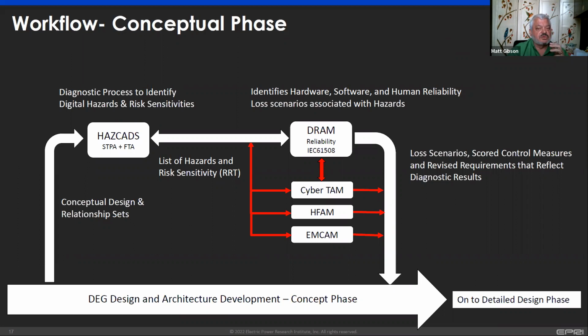And then we produce scored control measures and revised requirements that reflect these diagnostic results. So your design is beginning to converge, with this feedback loop. This is a key element of saying something is performance-based, because we're scoring the control measures and measuring via hazard analysis the quality of the design, or the outcome of the design, whether it has an issue, or if it needs other things in it.